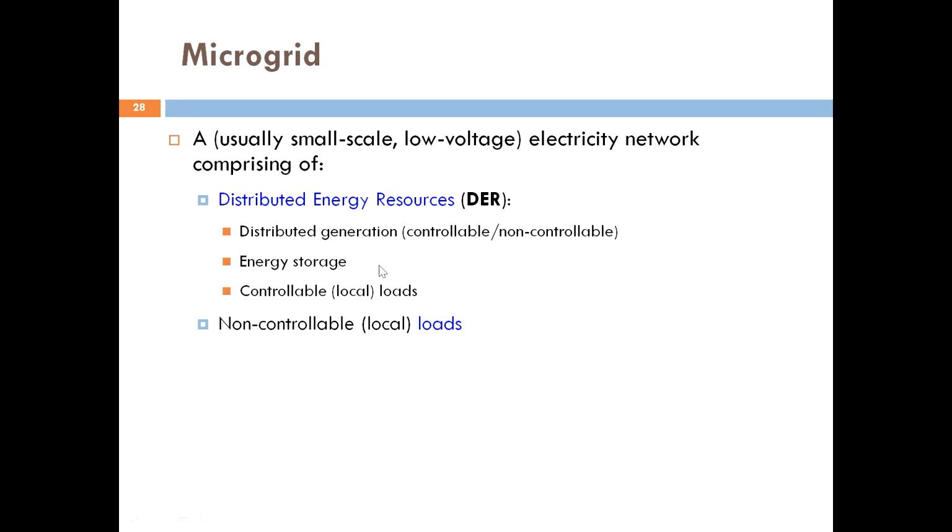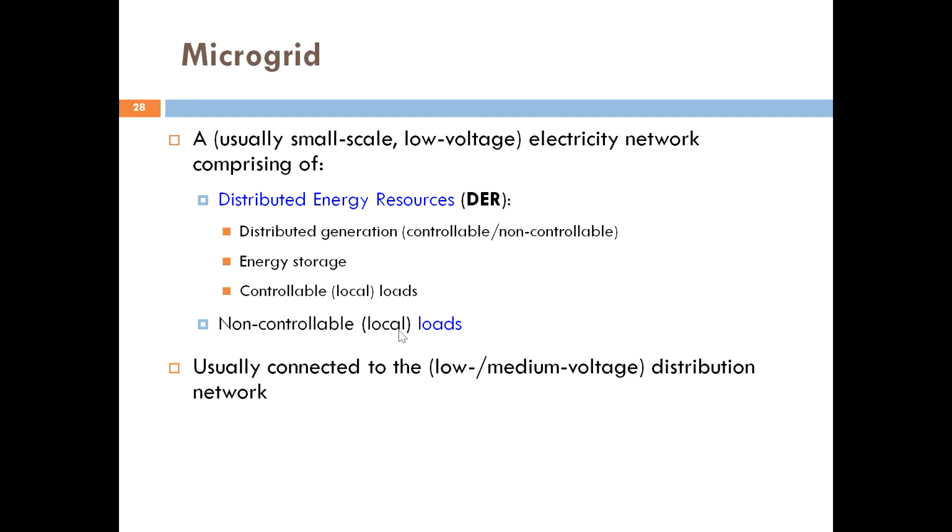Then a microgrid also has an uncontrollable local load, and it is normally considered to be connected to the low voltage or medium voltage distribution network.